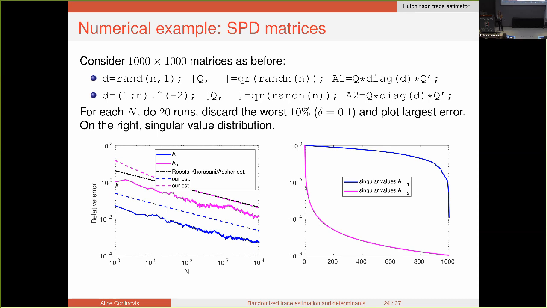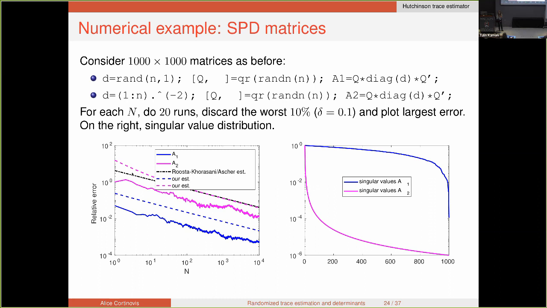And I'm plotting the epsilon corresponding to each capital N number of samples: the estimated epsilon in practice, the estimated epsilon from the previous slide, and in black the general estimate.